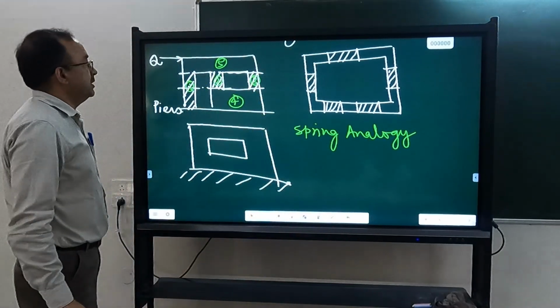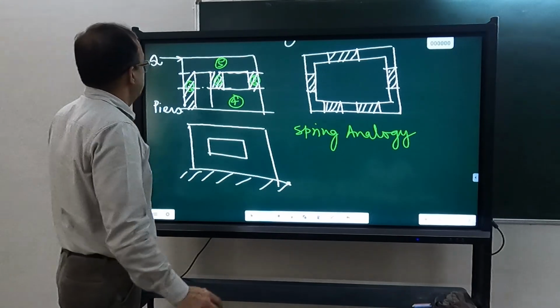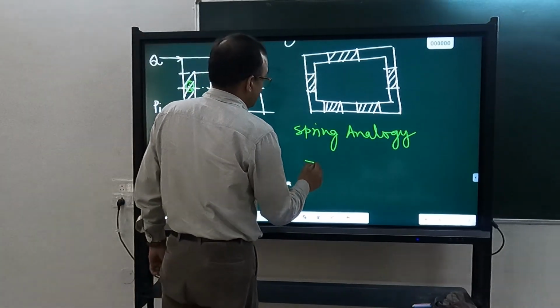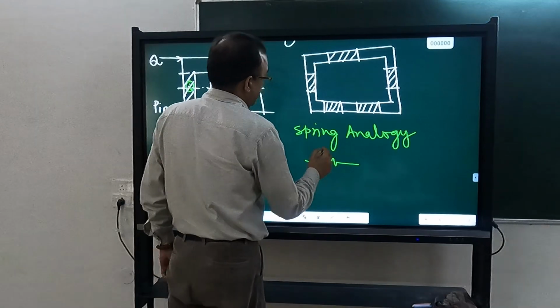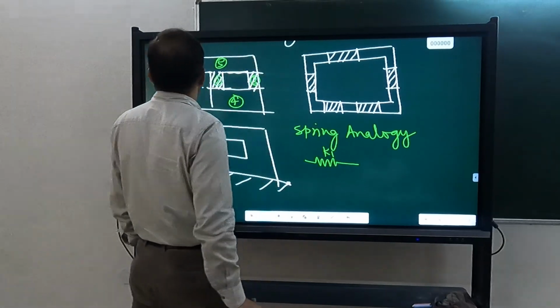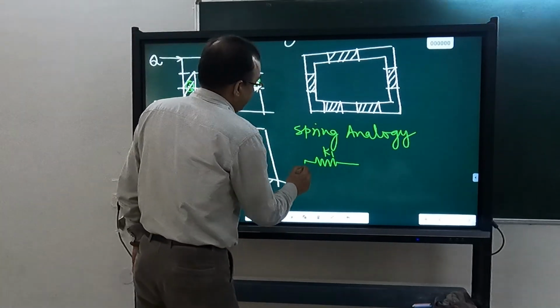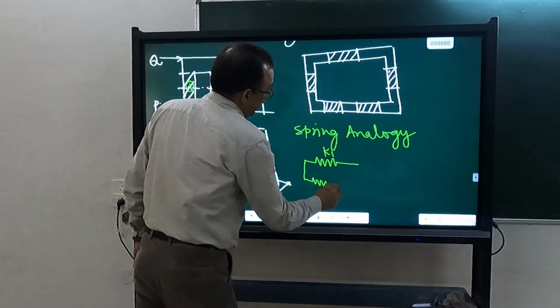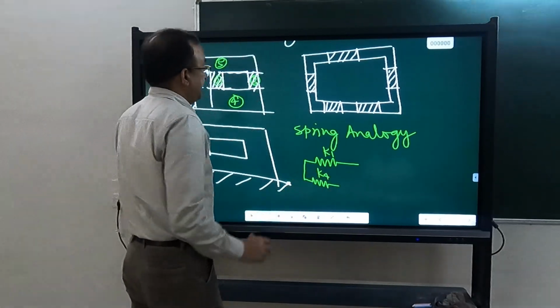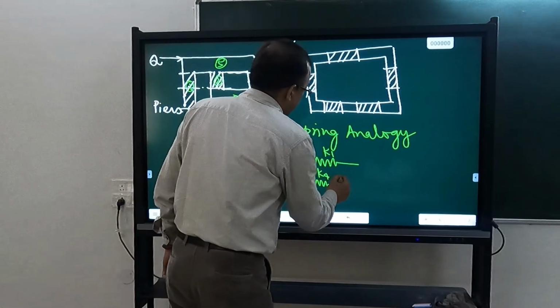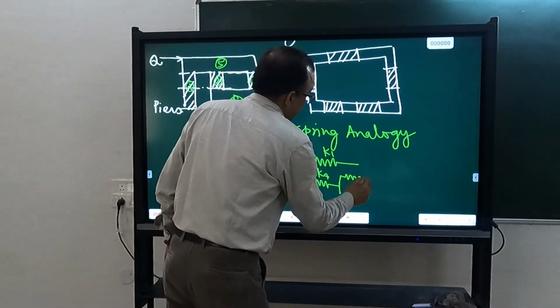And as per that spring analogy, the pier 1 is having a stiffness, let's say K1. Okay, then we have pier 4 having a stiffness K4. Then we have 2 and 3 which are in parallel.